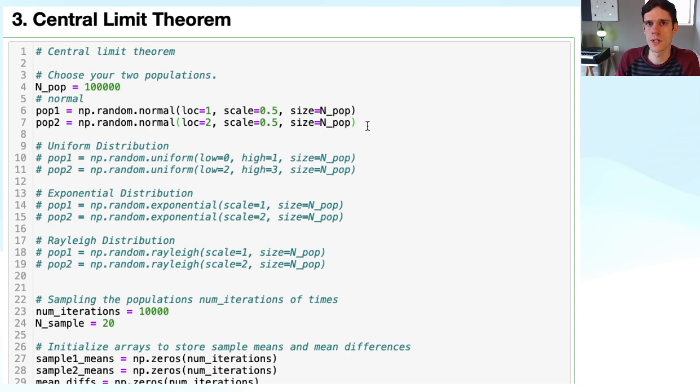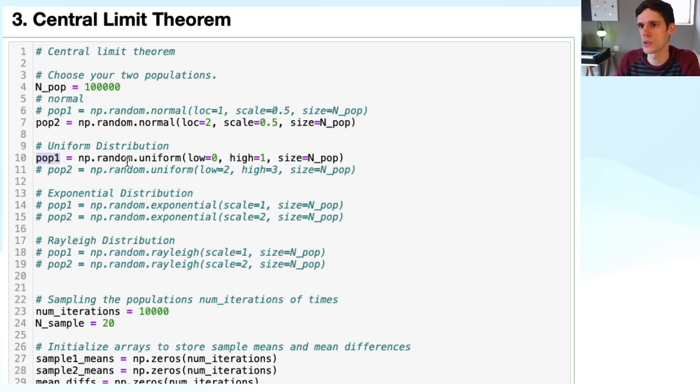At this point, it suffices to see how we can generate populations with these distributions. Let's say, for instance, that we want to change our population 1 from a normal distribution to a uniform distribution. Then we simply comment this line here and we uncomment this line where we now define population 1 as a uniform distribution.